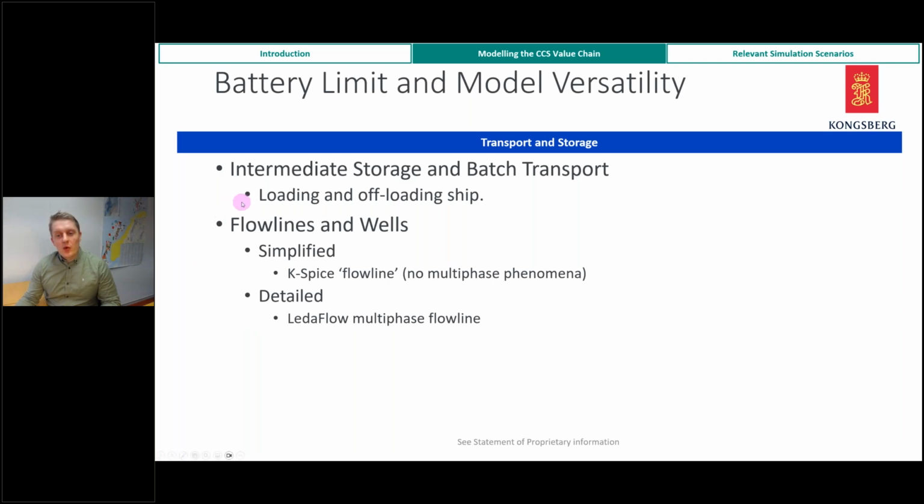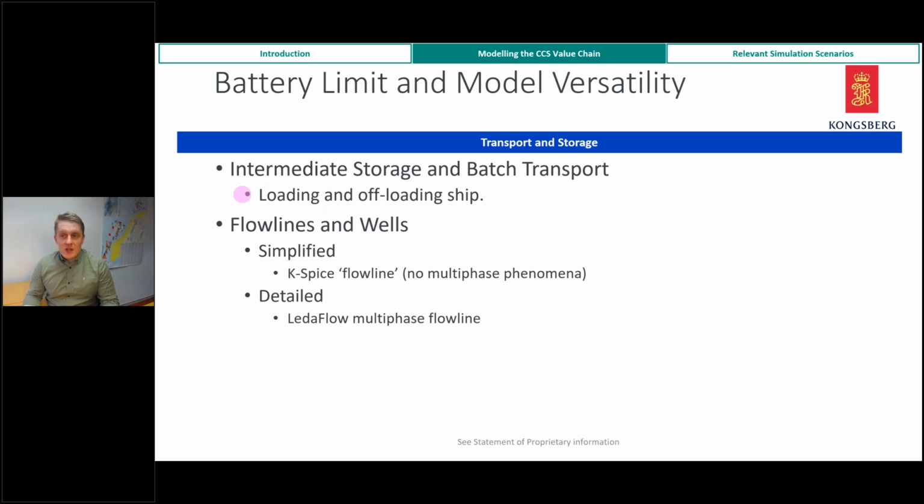It's also important to consider the intermediate storage question, because when you have CO2 tanks standing around, and they're supposed to be loading and offloading ship tanks, you're going to get return gas. And this is a question that is very much up for debate. How do impurities transmit between emission sites? Is it possible to actually do the offloading operation without sending any return gas to your emission site?